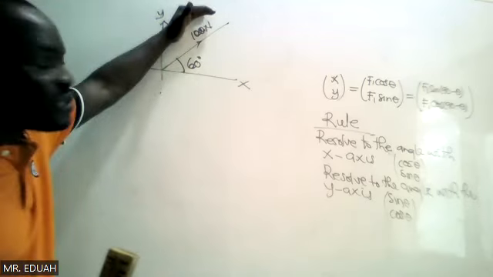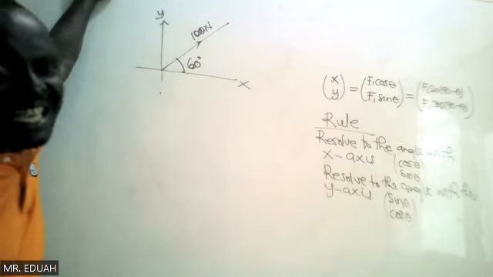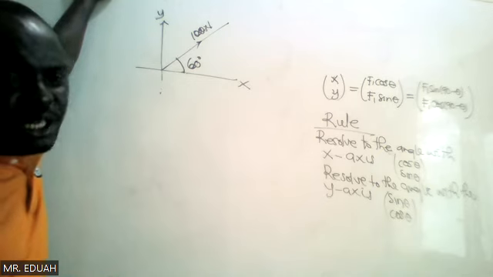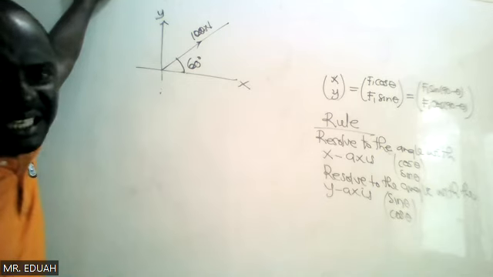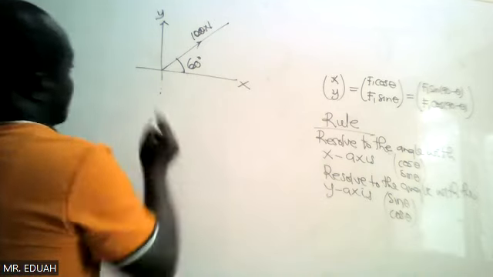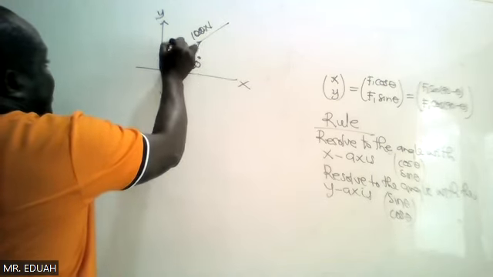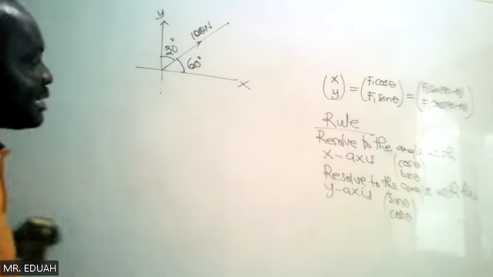We are told the force of magnitude 100 Newton makes an angle of 60 degrees with the x-axis. So what angle will it make with the y-axis? 30 degrees. Exactly. 60 plus 30, or your 90 minus 30.